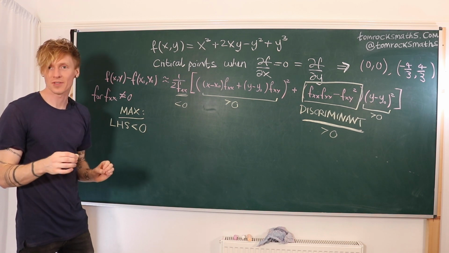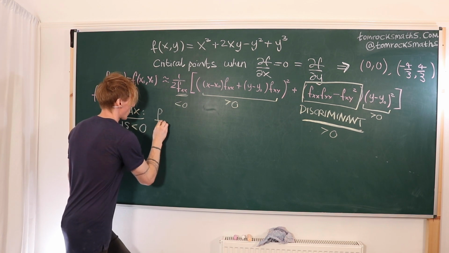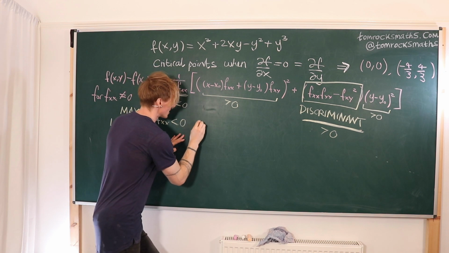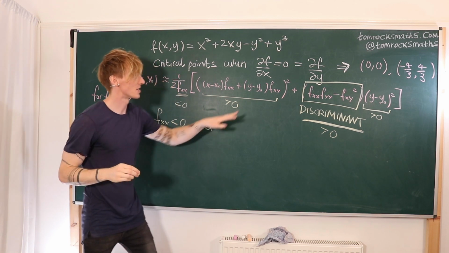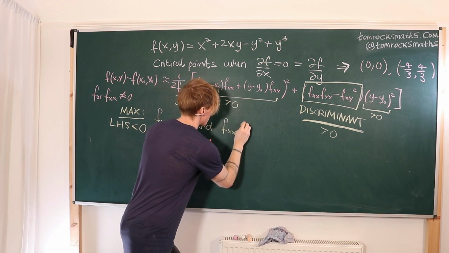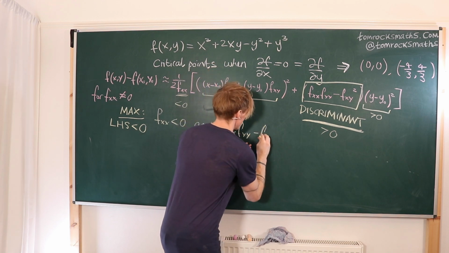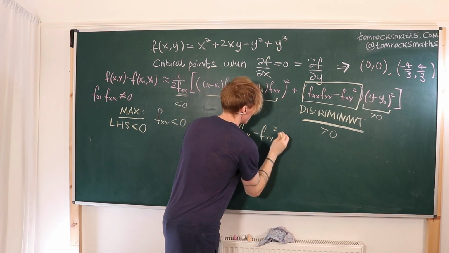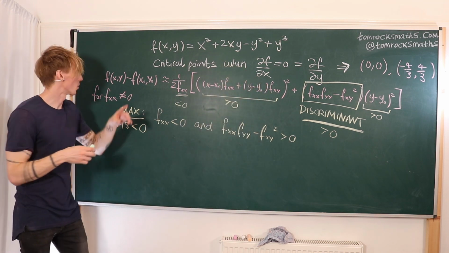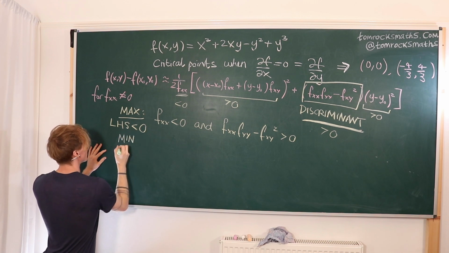So, just to reiterate, for a maximum we must have fxx being negative, and we need the discriminant fxx times fyy minus fxy squared. This must be positive.